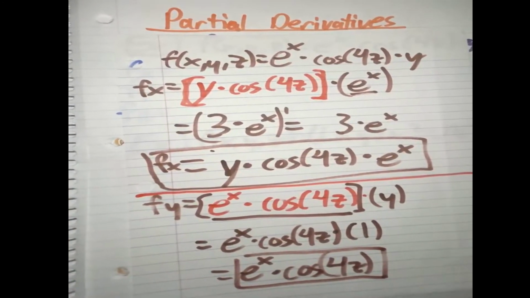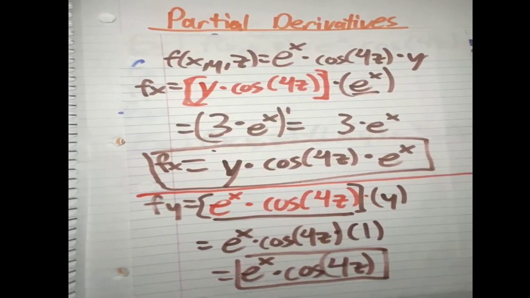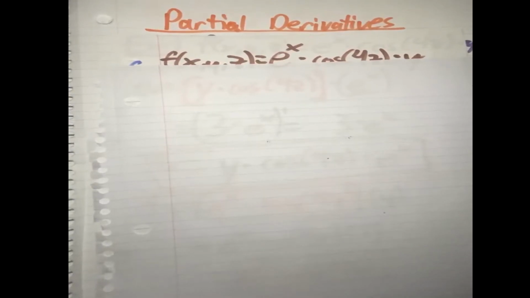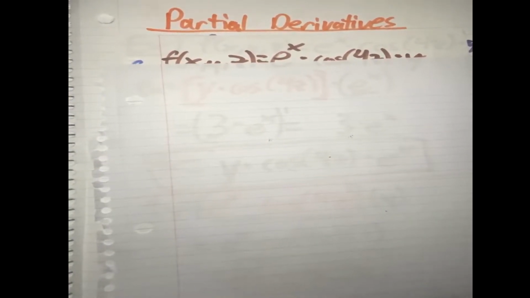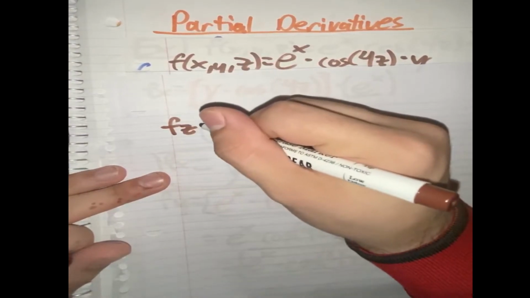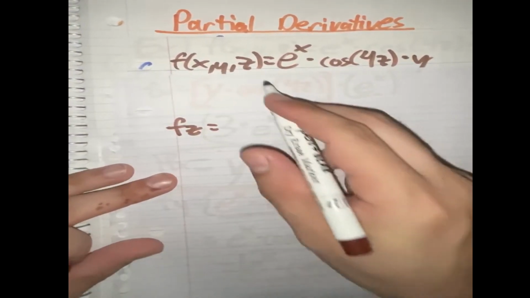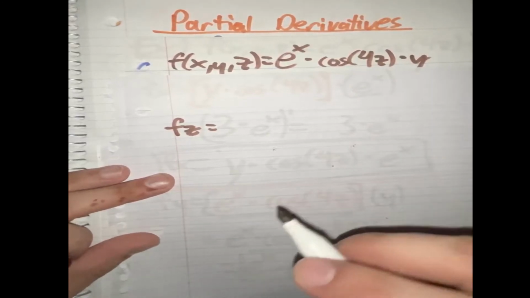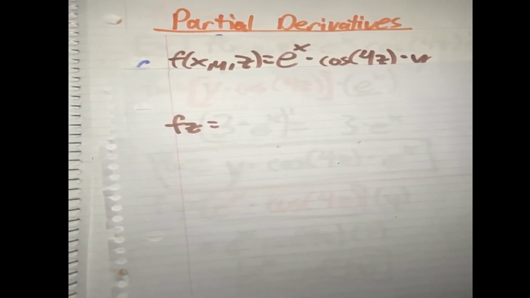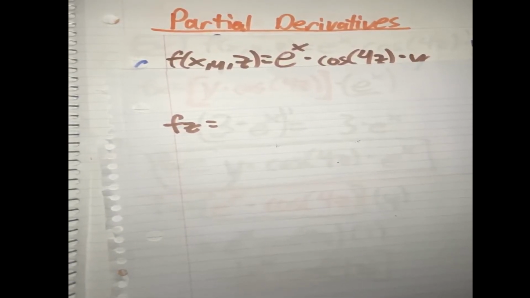Now, we're going to go and compute f of z. So the next step is to compute f of z of this function right here that we have, same function. So what we're going to do is treat whatever is not our z term as a constant.